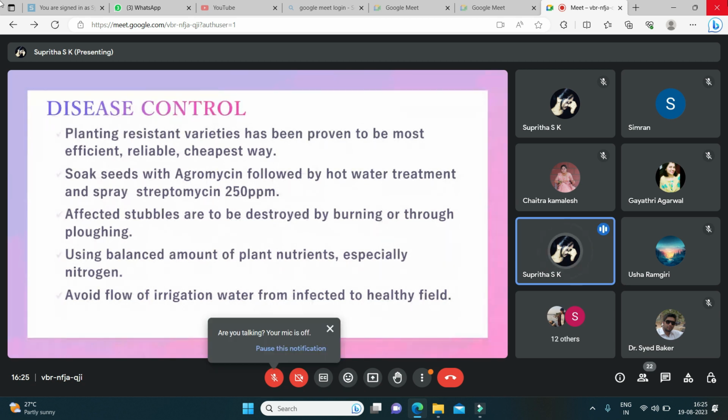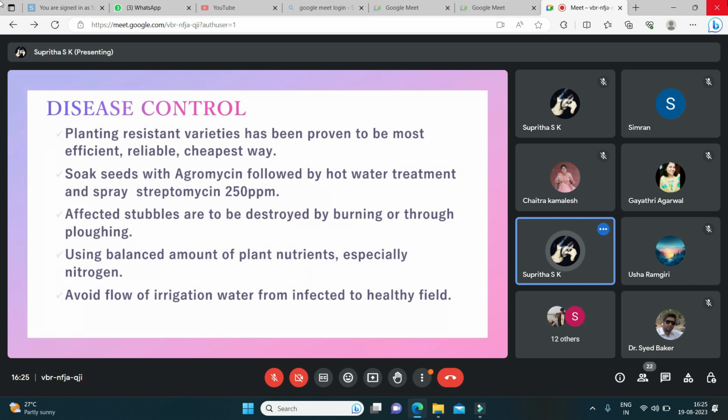In the field, if one plant is infected, we need to stop the irrigation water from that infected plant to the healthy one. For this bacterial blight, nitrogen compounds are very important. So if we give a balanced amount of nutrition, especially nitrogen, we can control this disease.